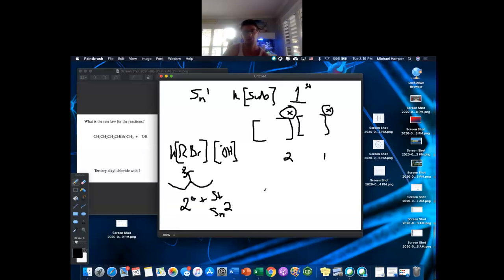And SN2 we know is bimolecular. So 1 and 1: SN2 relies on both the substrate and the nucleophile, which is why we get this as our answer for that example. Does that make sense, everybody?